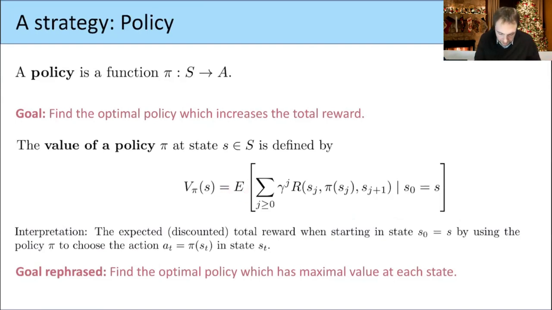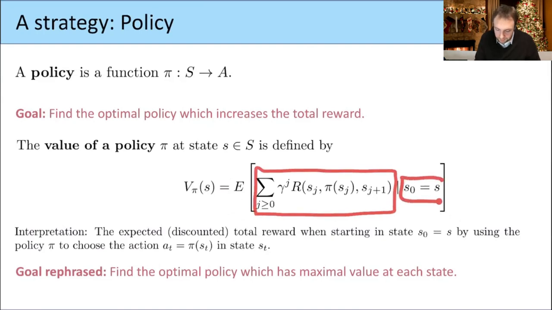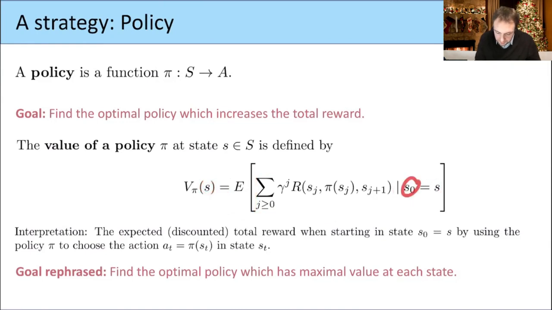What this here means is that we consider this discounted total reward by starting in the state S, and we take the expected value. Because starting in S0, the S1 can have different values.